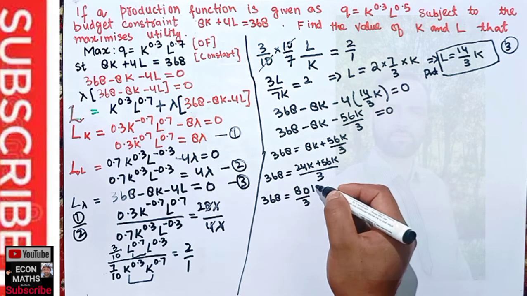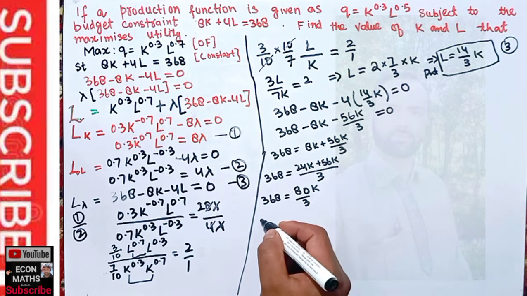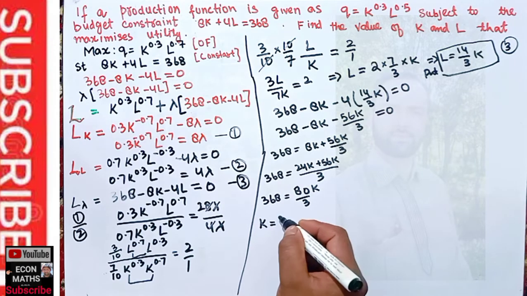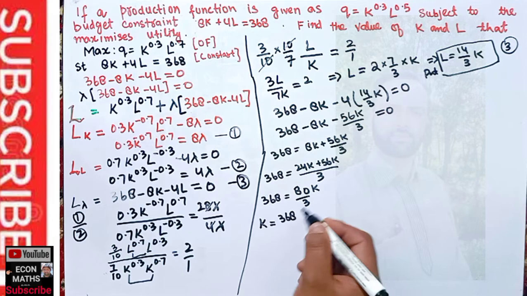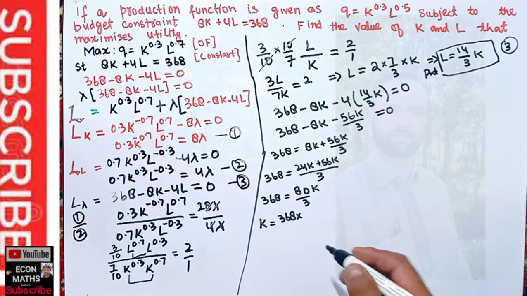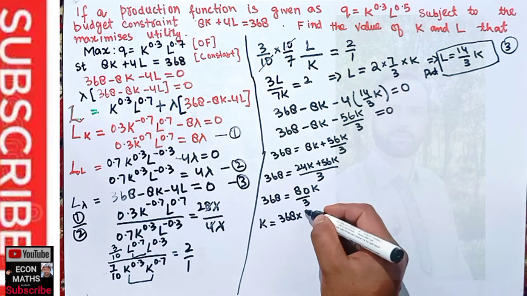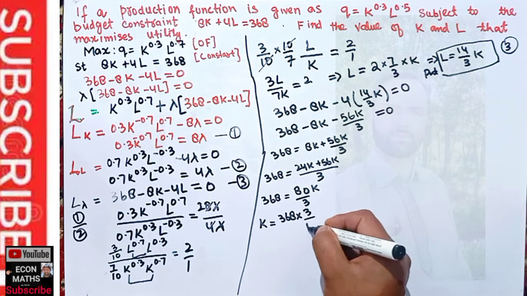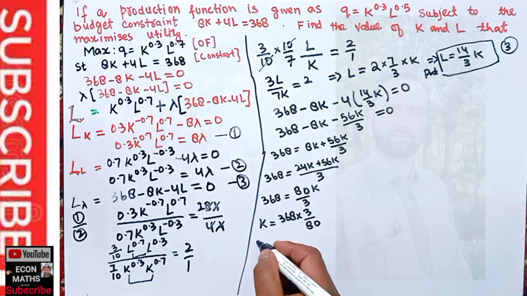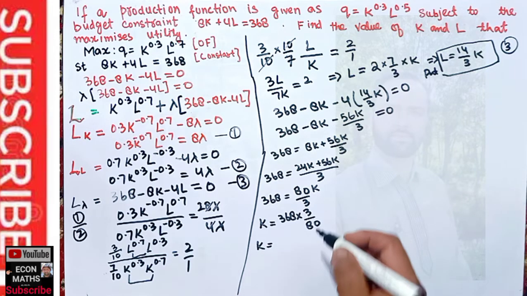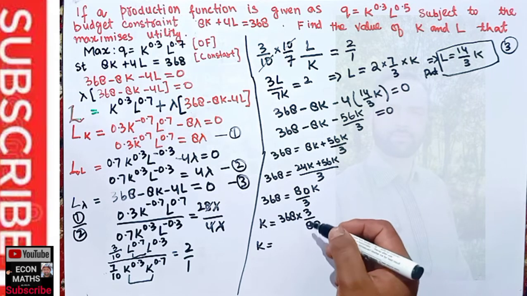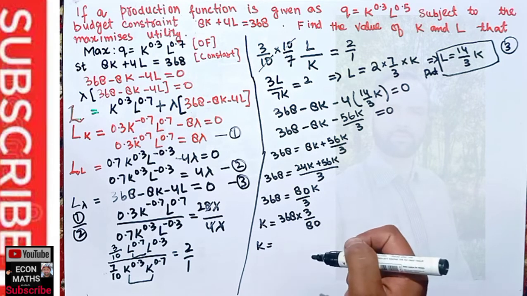Obviously it is here K, or we can write K is equal to 368, transposing this, it will get reciprocated, this becomes 3 divided by 80, or K is equal to 368 into 3 divided by 80.